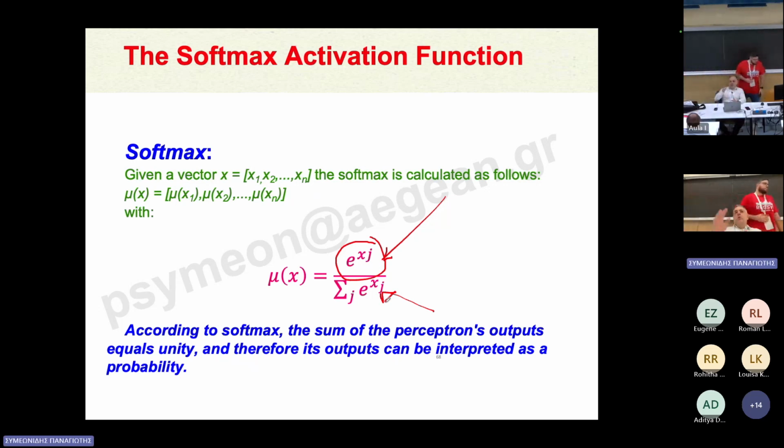This is a kind of attenuation factor for us. We can see which is the one that is the most important. This softmax is used a lot in neural nets, as you may know already. And the good thing is it is probabilistic, which means the outputs sum up to 1.